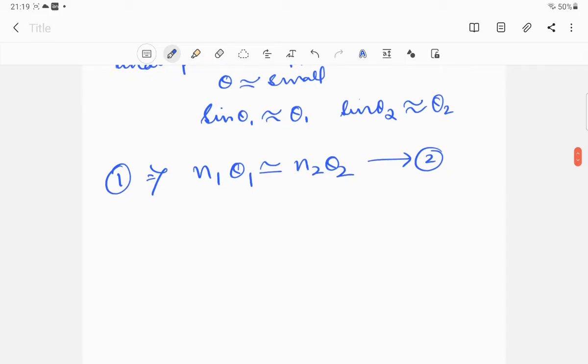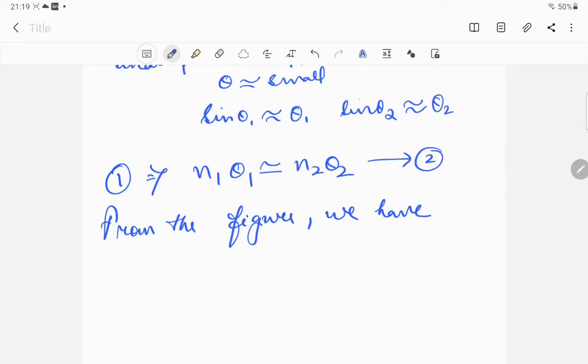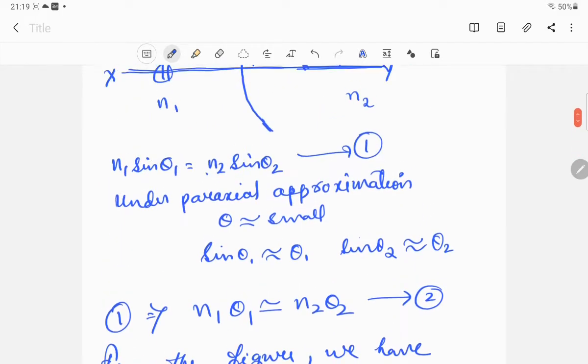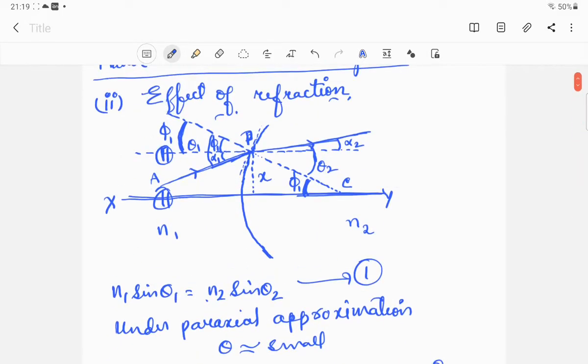Now next step. From the figure, what do we have? Let us find out what is theta 1. Now this whole angle is theta 1.